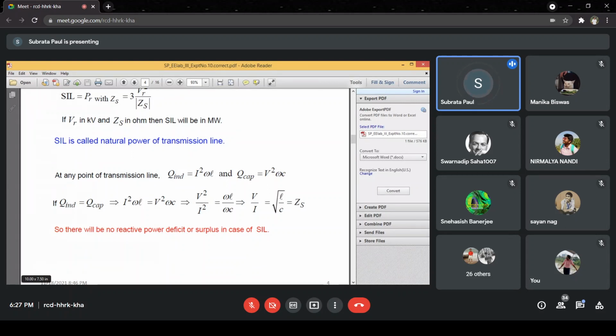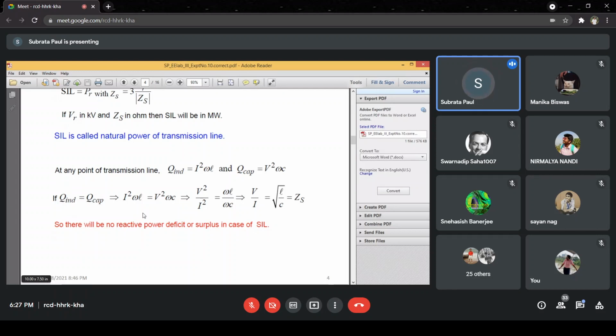That means from sending end up to the receiving end, between any 2 points, there is no var flow and we have a flat voltage profile when the line is loaded with its SIL. Clear?